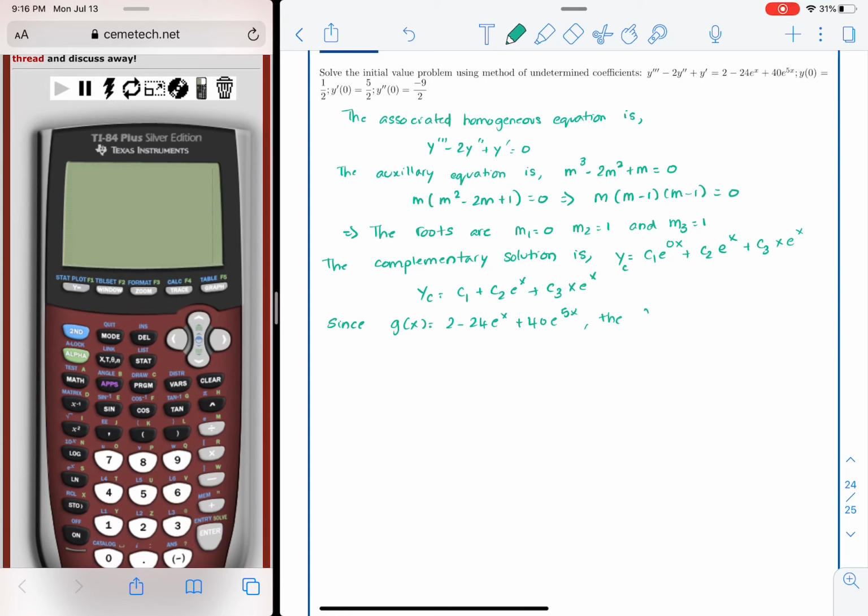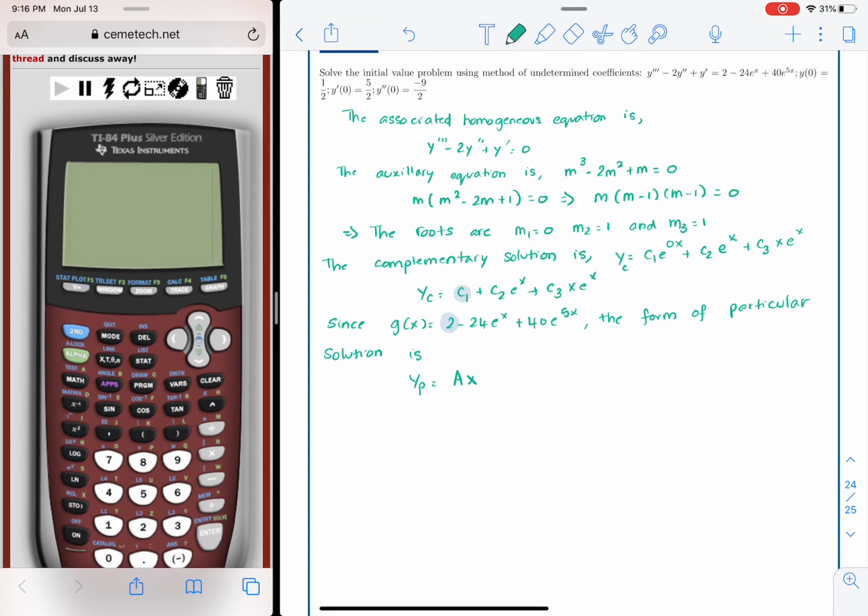The form of particular solution is yp. I see a constant here, but I can't simply put a because I already have a constant there. So I have to put a times x.